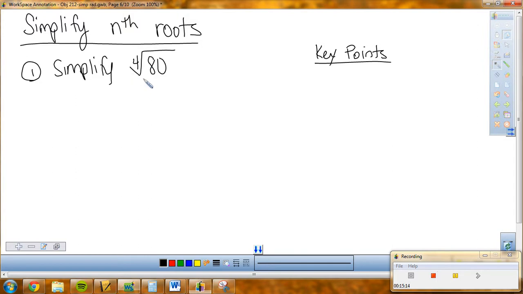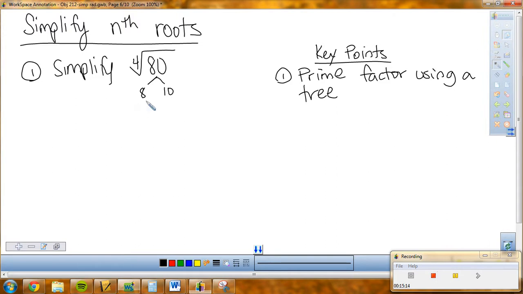So if I want to simplify the 4th root of 80, the first step I'm going to do is just like it was before. I'm going to prime factor using a tree. So I break it down. I know that 80 is 8 times 10.